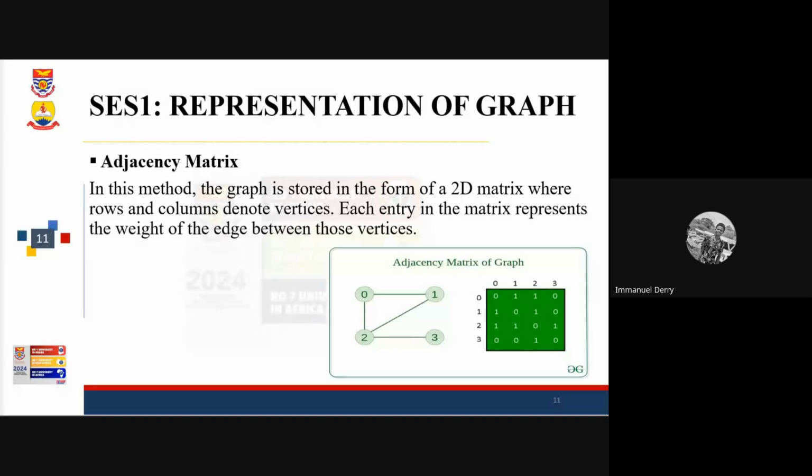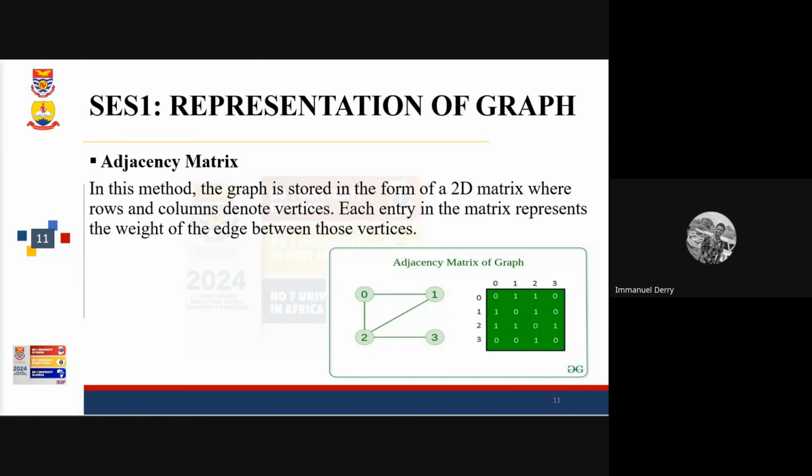So the first thing you should notice is that the adjacency matrix uses a 2D matrix where you have rows and columns. And the rows and columns are for the various vertices. And the edges are going to be the various data points that we have, or the weight on each of the edges that we have.